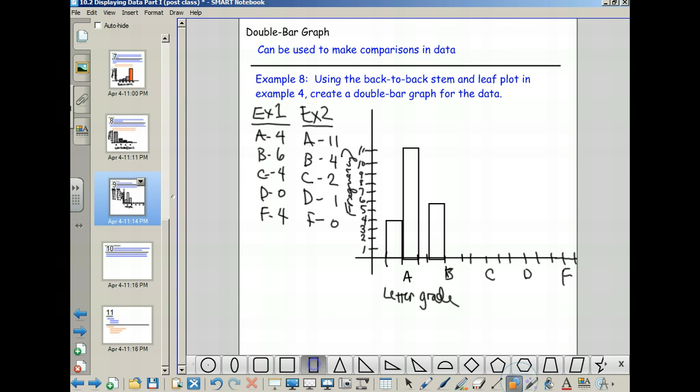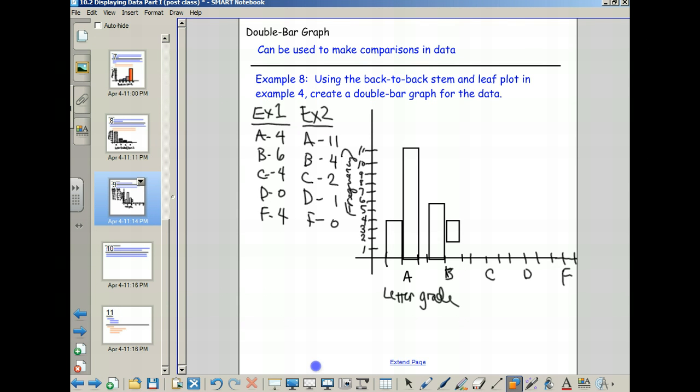Oops, I forgot. I need my rectangle. First test C's, there were 4. That's my most popular number on this display. Second test C count was 2.